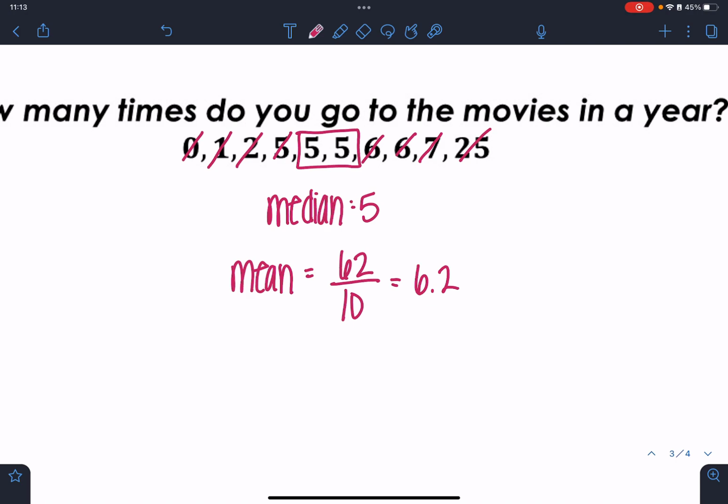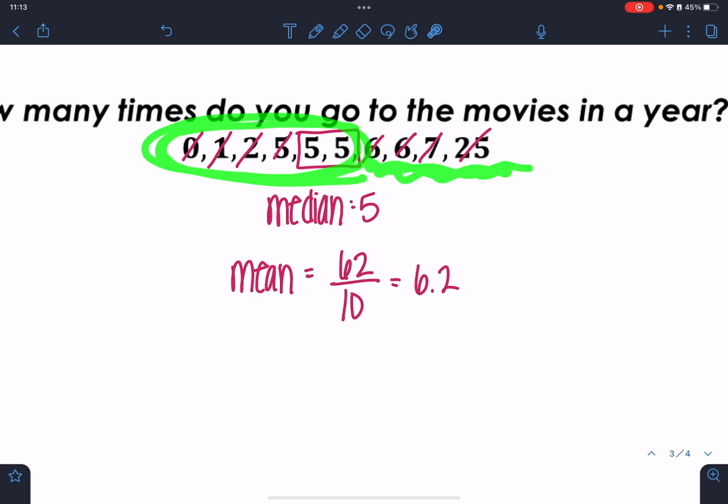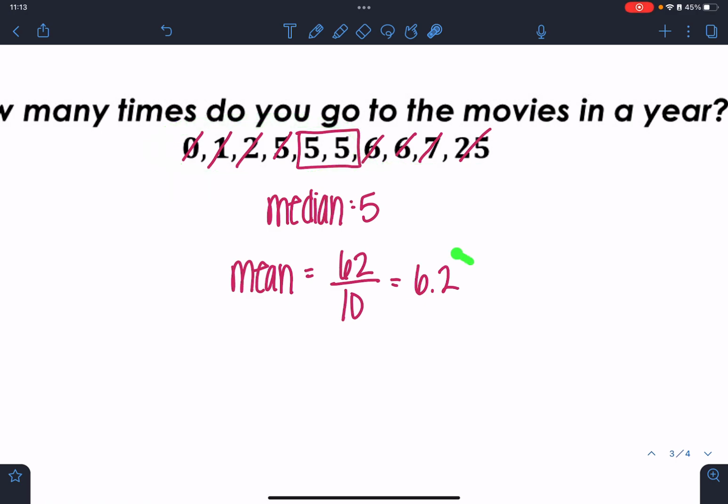Where are we kind of at? Closer to the 5, right? Because as you can see, the majority of my numbers here are less than that 5. Only a couple of them are more than the 5. Whereas for the 6.2, only 4 numbers in that list are greater than the 6.2.